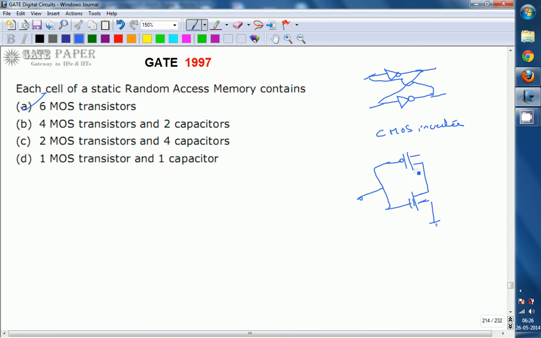Two such circuits are used, and to give the inputs and access the outputs we use two more extra transistors as switches. So in total, an SRAM cell uses six MOS transistors.